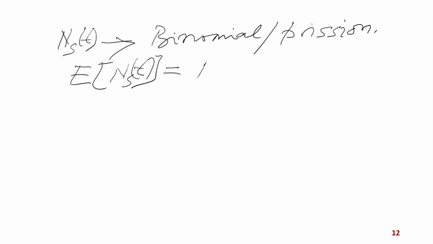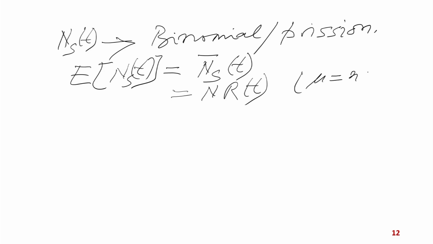So, before that I will use that symbol. So, this represents the mean or the expectation. So, this I can write as n into R t, where n is the number of items, or you can say the sample size, and R t is the probability. That is n into p, meaning the mean value mu is equal to n p.